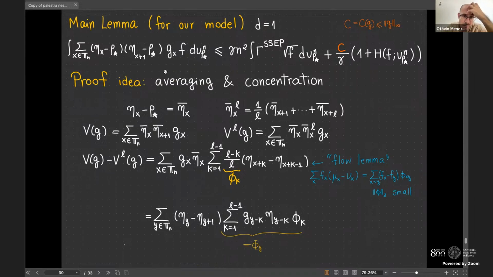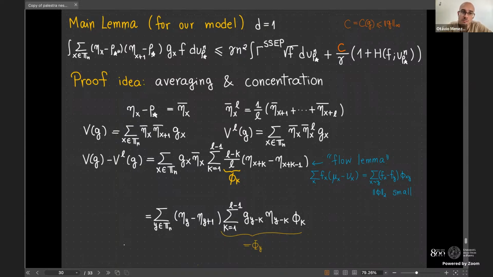Essentially, we can break an estimate of this type into two steps. First, we're looking at a sum of terms that depend on only a couple of sites, and we're averaging this over space.